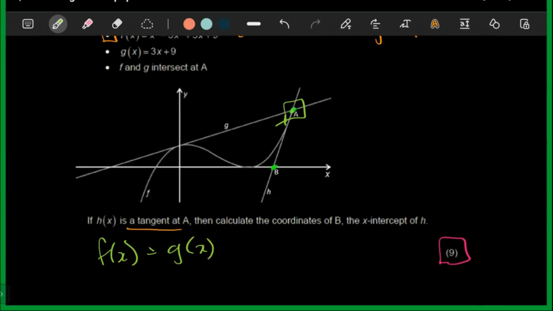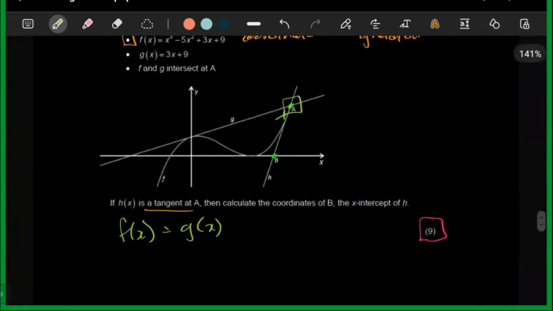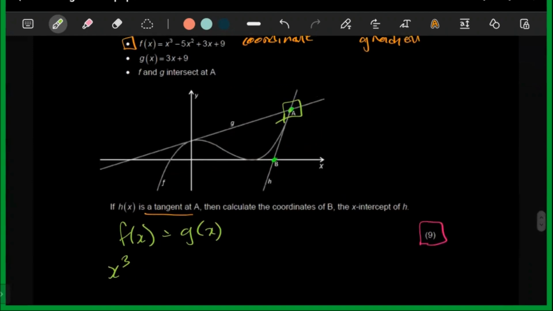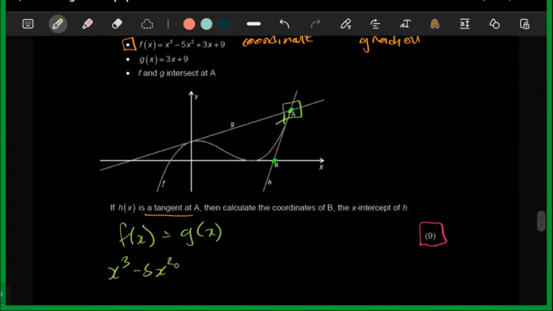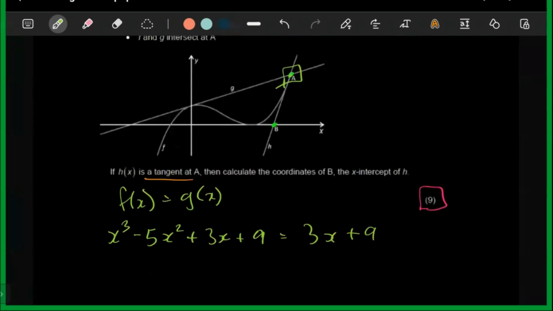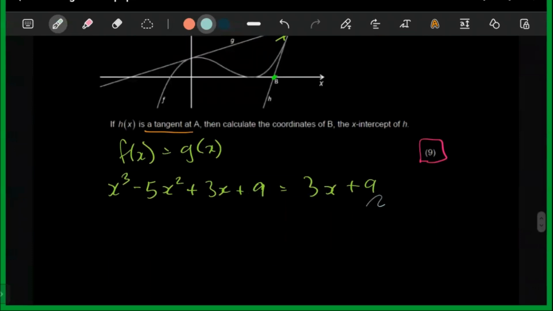We're going to have x cubed minus 5x squared plus 3x plus 9 equal to 3x plus 9. So the 9 and the 9 will go to the same side and cancel each other. You have x to the power of 3 minus 5x squared plus 3x.